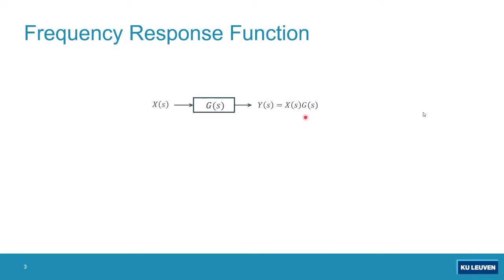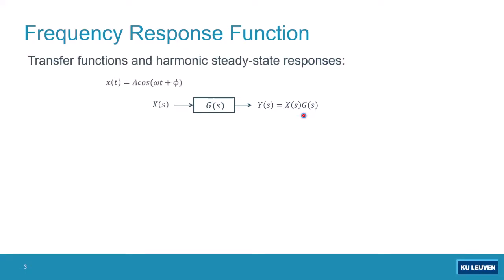Remember, all of these things are discussed in the Laplace domain. So if it is in the Laplace domain, then this simple relationship will apply. Now let's consider again this system with this transfer function of G(s). I will apply a harmonic input.